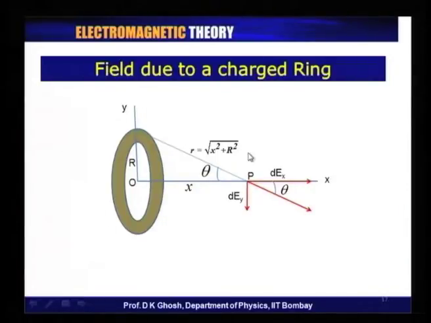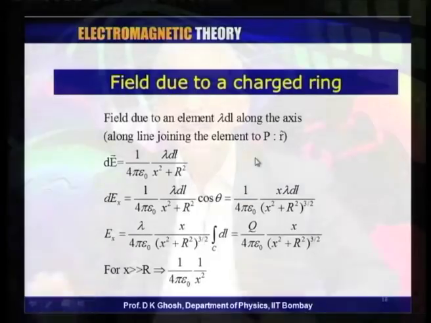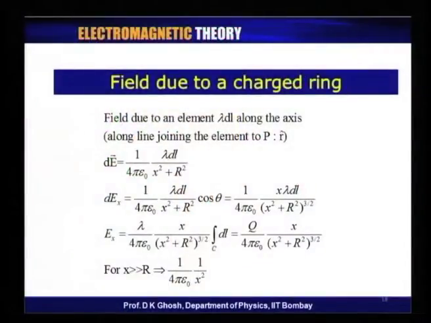So, the y component of the electric field cancels by symmetry, and the field is directed along the axis. So, therefore, the electric field due to a charged ring on its axis is given by q by 4 pi epsilon 0 x divided by x square plus r square to the power 3 by 2.